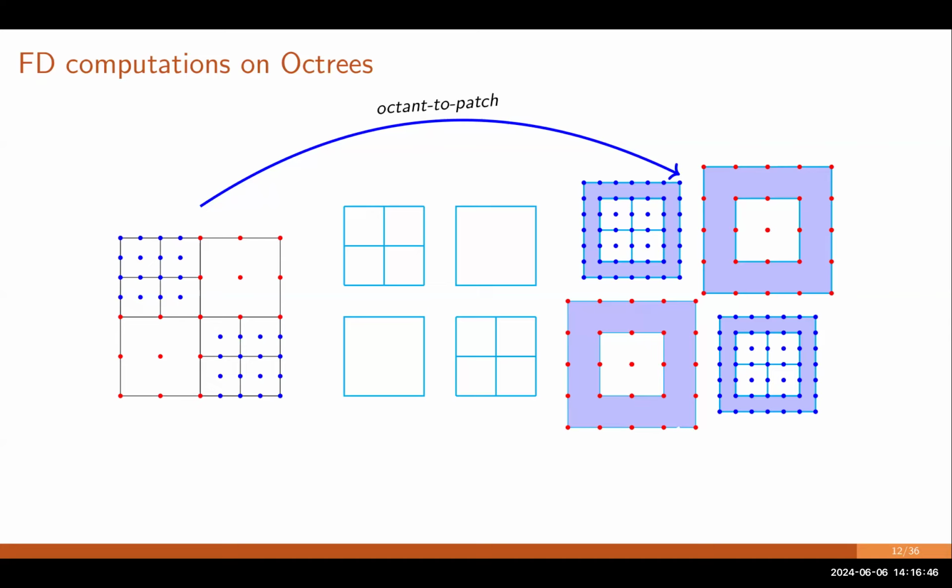If we have a coarser region next to us, we have to do an injection. If we have a finer region, we have to do an interpolation. This is what I refer to as the octant to patch representation. Once this is the representation, we evaluate our derivatives, and once the derivatives are evaluated, we go back to the octant representation.